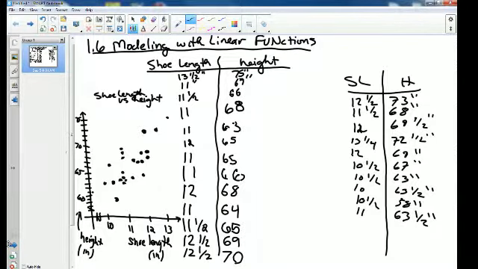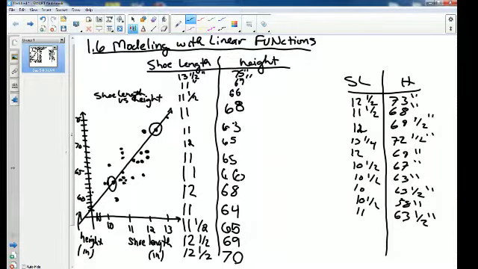So the question is, can we come up with an equation to model this in general? Since you're all experts at writing linear equations now, the only trick is to draw your line appropriately. Does that look like a pretty good general trend? By hand, it's not an exact science. Here's a dot, and there's a dot.